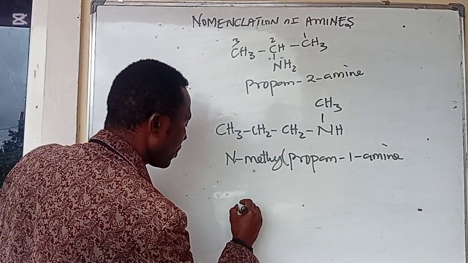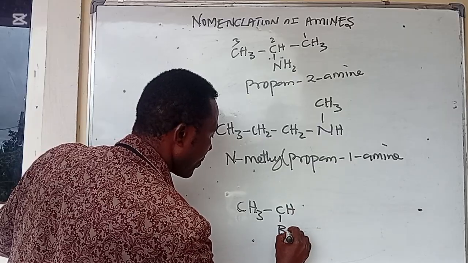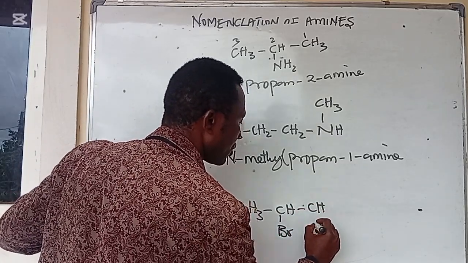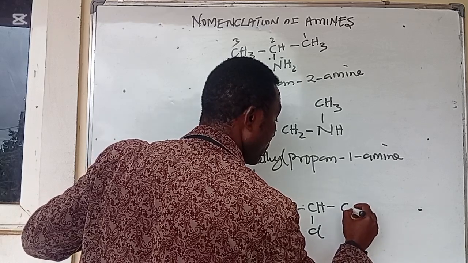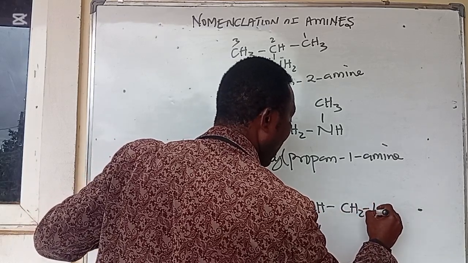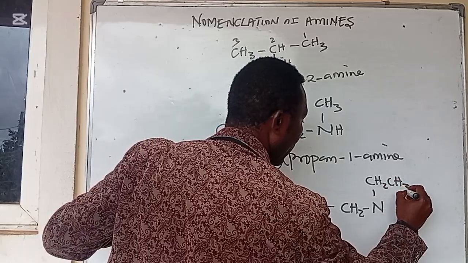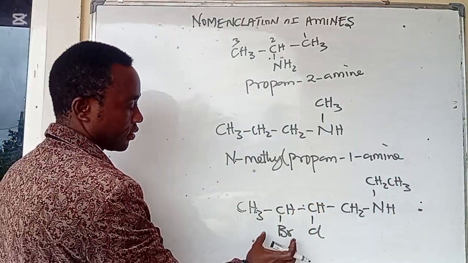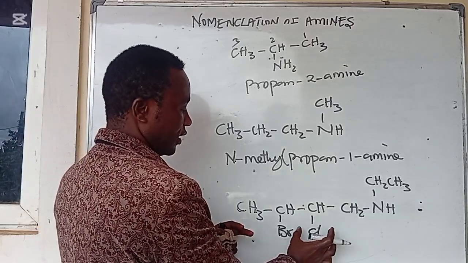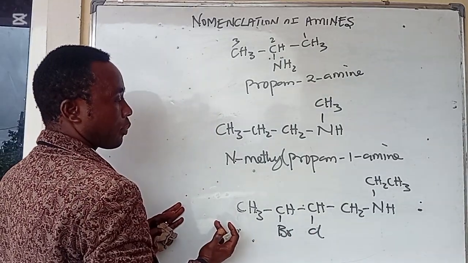Now let us take a situation like that. Let's say we have CH3, CH(Br), CH(Cl), CH2, then you have N, CH2, CH3, then H. What are the substituents? This is a substituent. This is a substituent. These two substituents are on the alkyl portion.